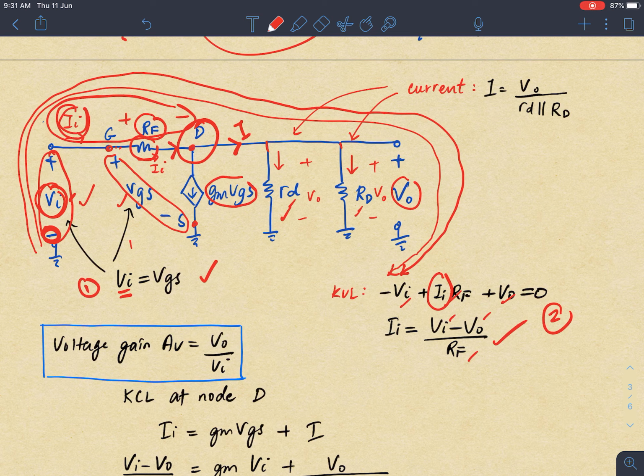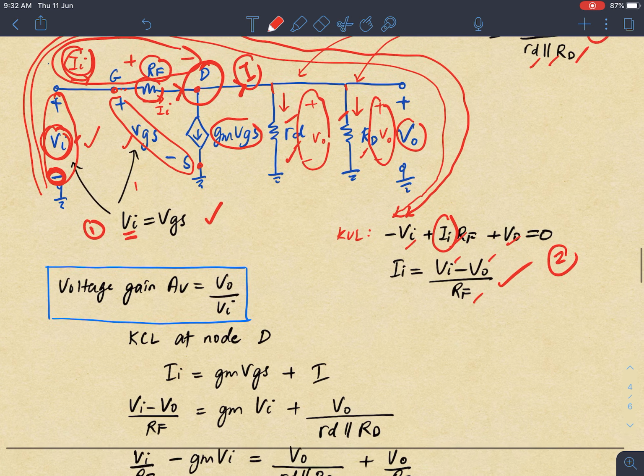So for this I, the equation is V out divided by parallel rd and RD. Why V out? Because the value of V out is the same at the rd and also the RD. So I can say V out divided by parallel rd and RD. This is the third equation.